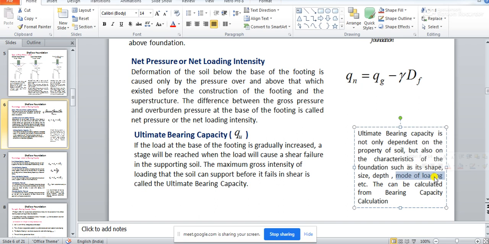Depending on all such criteria, your bearing capacity is going to change and it will be getting affected.